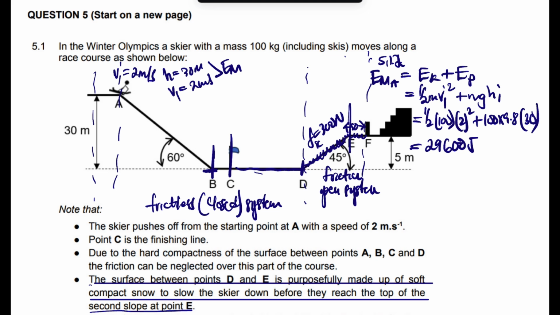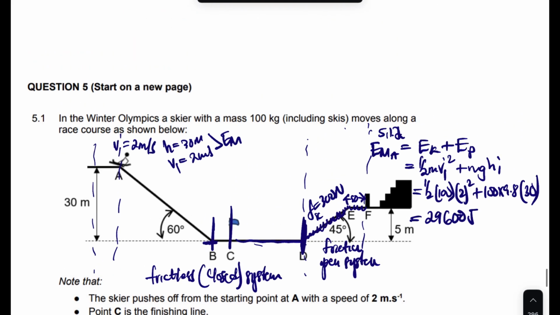We want the speed when it gets to point E, but we do have the speed at D. The speed at D is still 24.33.